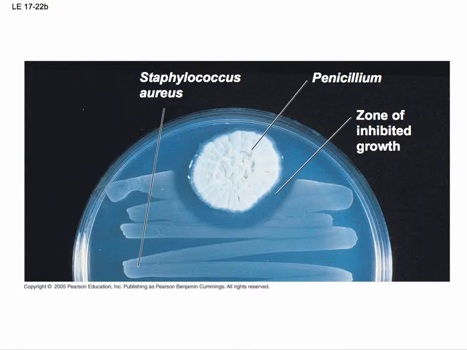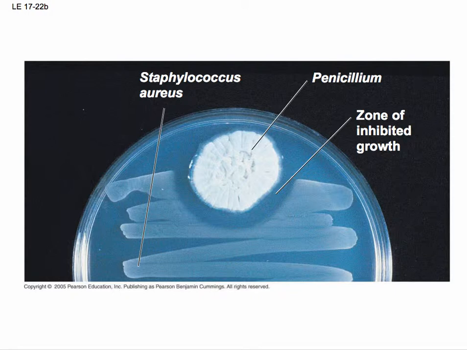Fungi, of course, being decomposers, oftentimes compete with bacteria. And so here is a petri dish streaked out with a staphylococcus, and here's a penicillium mold. And in between the mold and the bacteria, you see that there's an area where there's no bacteria. The penicillium mold is producing what we would call an antibiotic, namely penicillin.